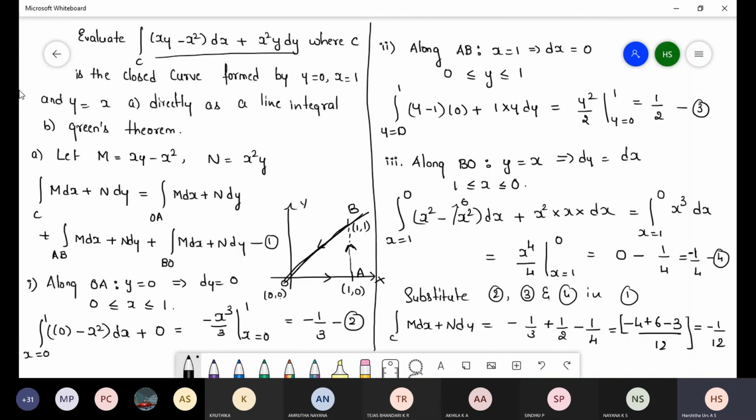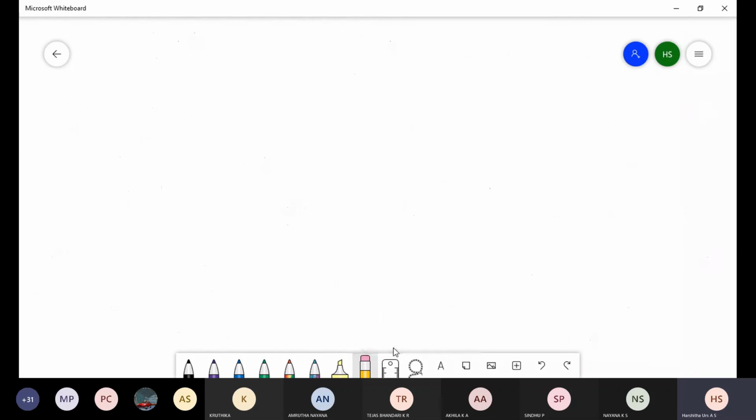Now we'll see the second one, Green's theorem. We know the formula for Green's theorem. First we have to write the formula.